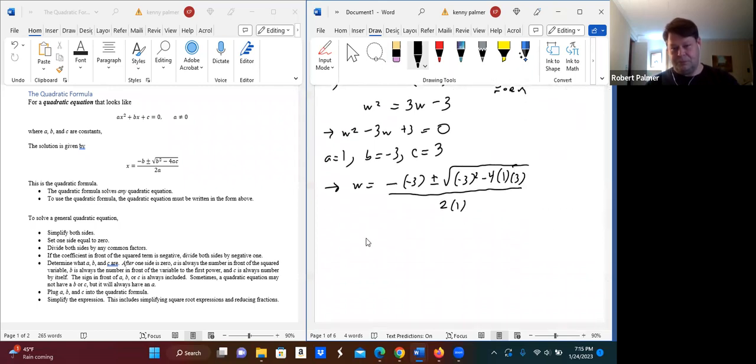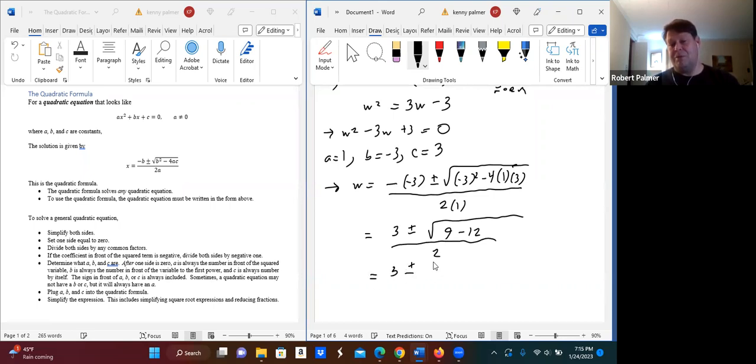Okay. Now, simplify again. Negative times negative is positive, so positive 3 plus or minus the square root. Negative 3 squared is positive 9. Then minus 4 times 1 times 3 is minus 12, over 2.